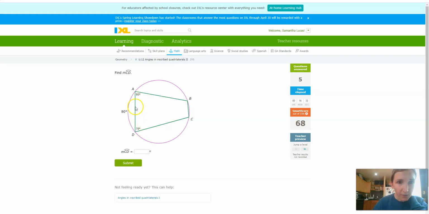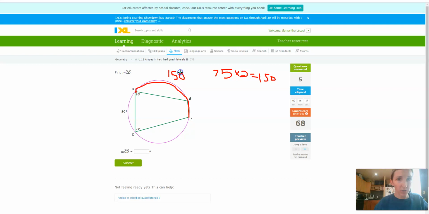Well, 75 intercepts A to C. So if I take 75 and multiply it by 2, I should get 150. So I know that from A to C is 150.